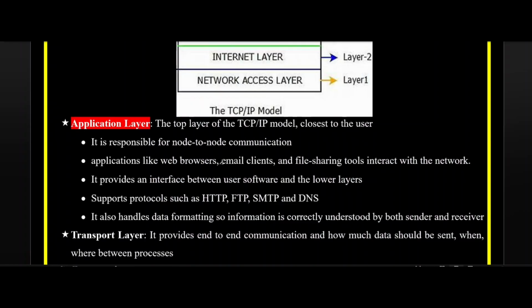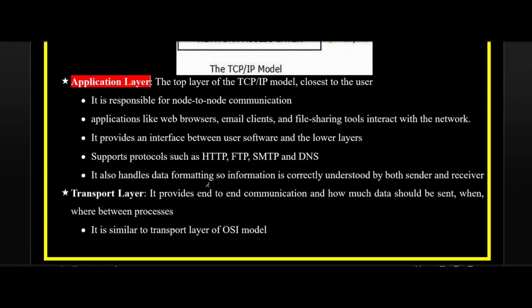Applications like web browsers, email clients, and file sharing tools interact with the network. It provides an interface between user software and the lower layers. It supports protocols such as HTTP, FTP, SMTP, and DNS. It also handles data formatting so information is correctly understood by both sender and receiver.